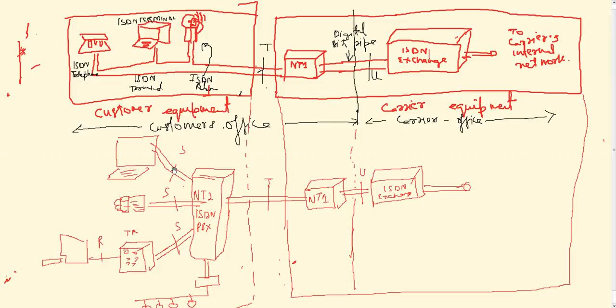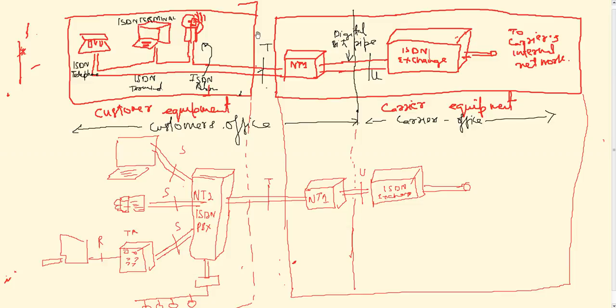RJ45 can be the 8-pin RJ45, with white-orange, orange, and so on. We have developed that in the lab. This S interface can easily be the RJ45 interface, because this is already a digital device, and this is going to be the digital handling exchange. So you need an interface that's going to be your Ethernet RJ45 interface, 8 pin.